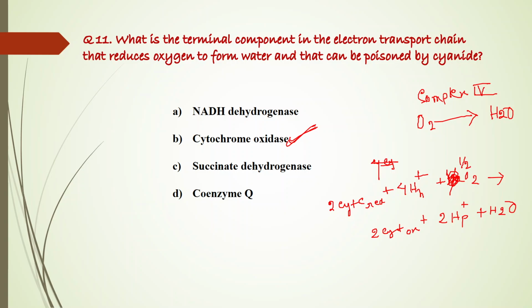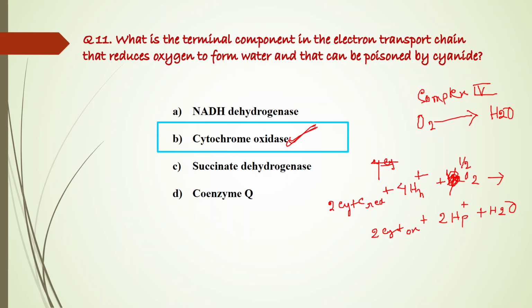That means your cytochrome oxidase is now unable to take up the cellular oxygen and do the necessary function that is required for your ATP synthesis. That means the whole ATP synthesis will stop in your system. So that is what happens in case of cyanide poisoning.